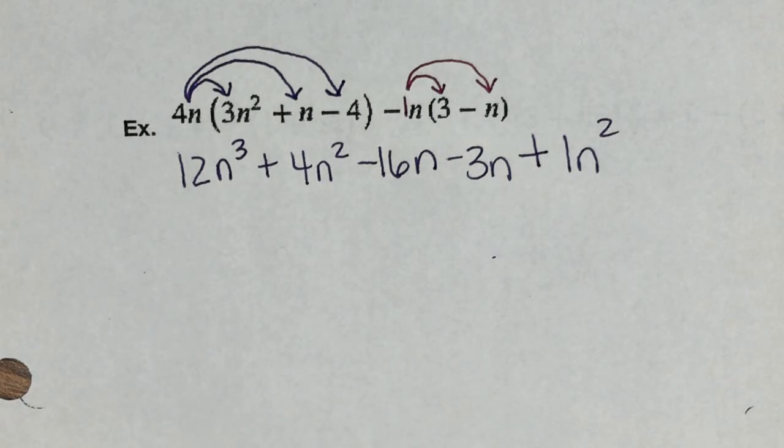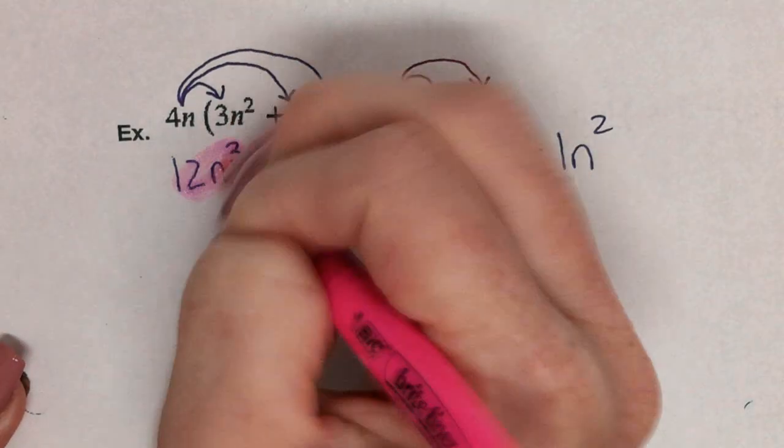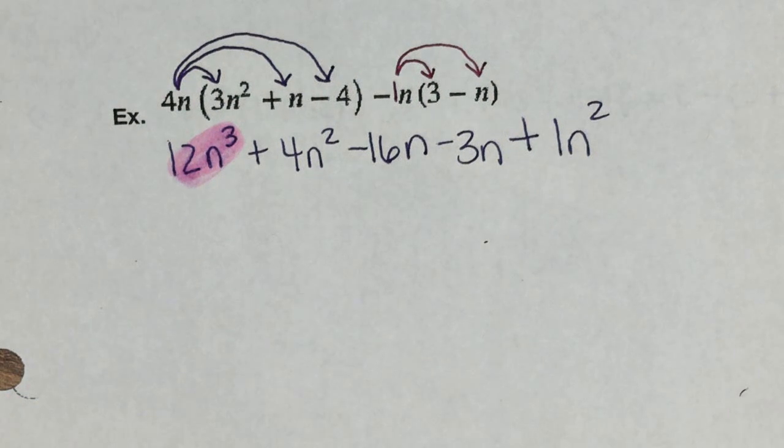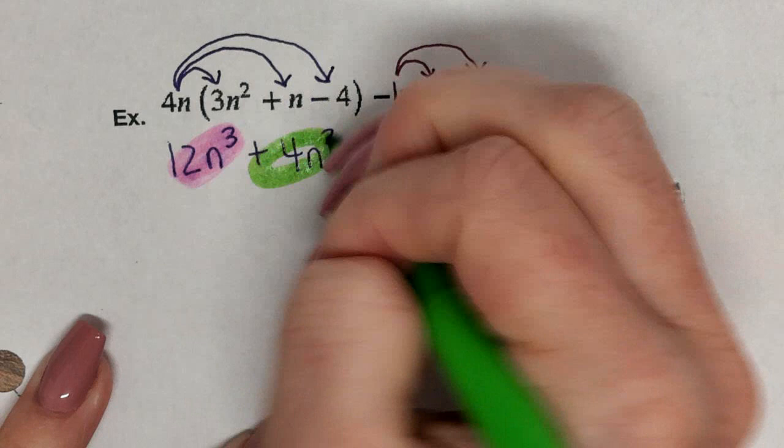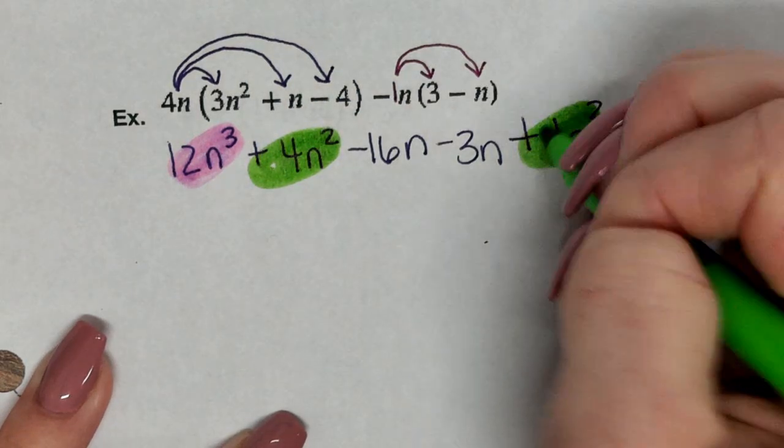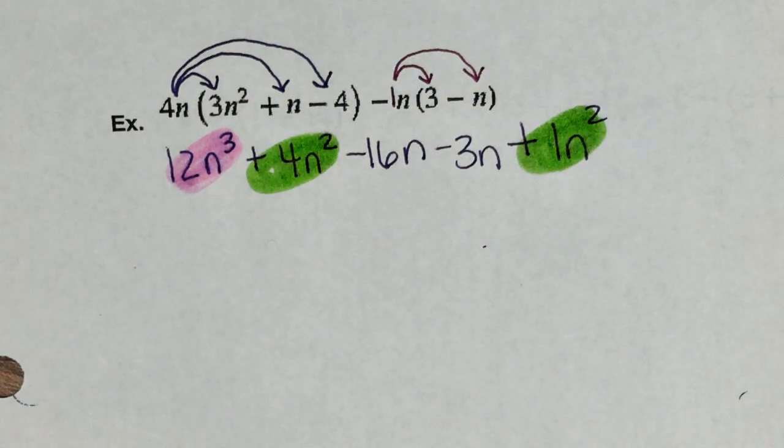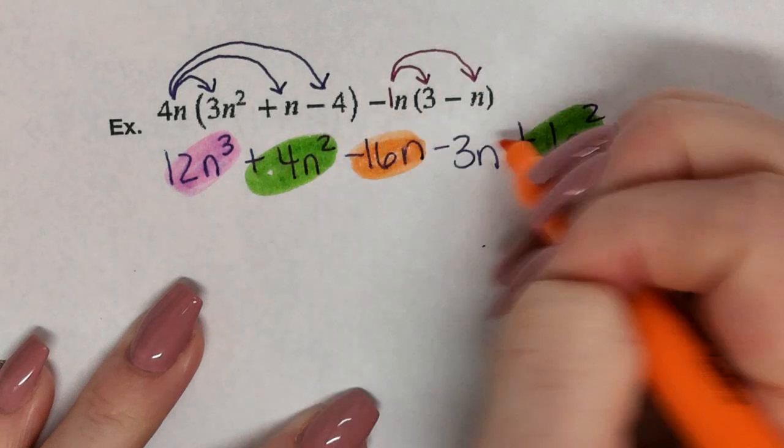Now, are there like terms that I can combine? Yes, so I'm going to get my highlighters. The n cubed cannot be combined with anything because there's not another n cubed. This n squared can be combined with this n squared. And this n can be combined with this n.